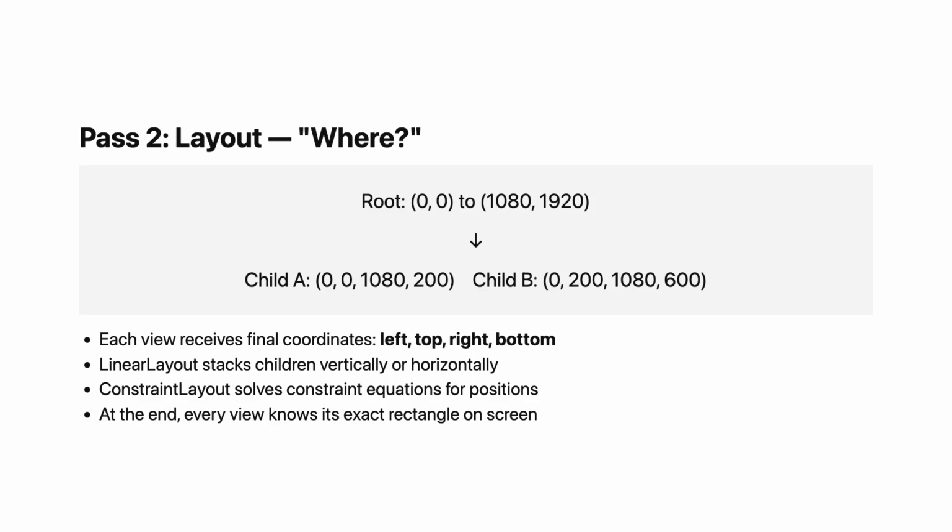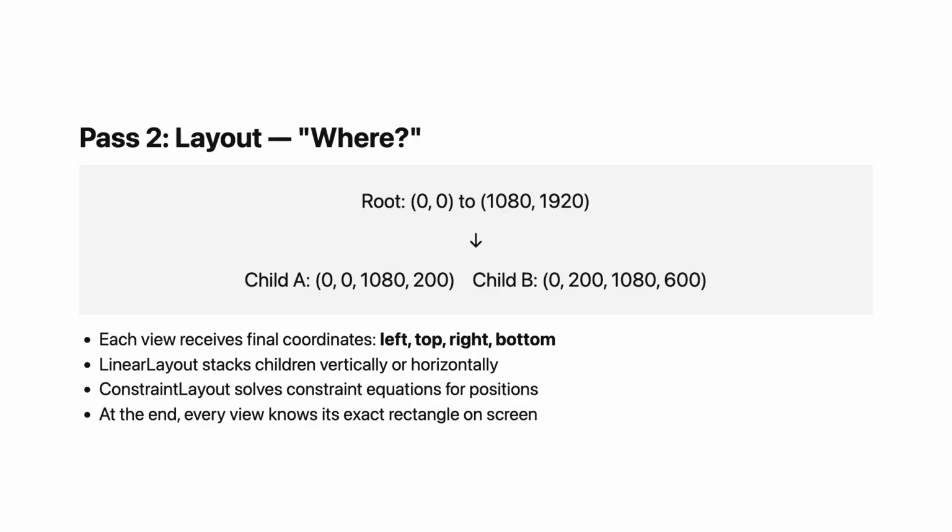Each view receives its final coordinates, left, top, right, bottom, defining its rectangle on screen. Like measure, layout is a tree traversal. The parent positions the children, and if a child is itself a view group, it positions its own children within its allocated rectangle. At the end of this pass, every view knows exactly where it sits on screen and exactly how big it is. Now comes the fun part, drawing.